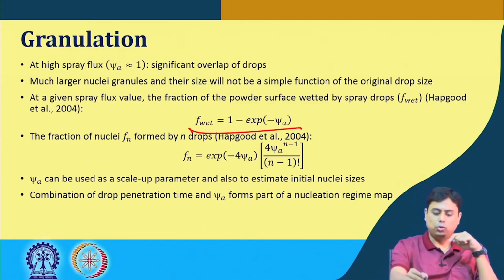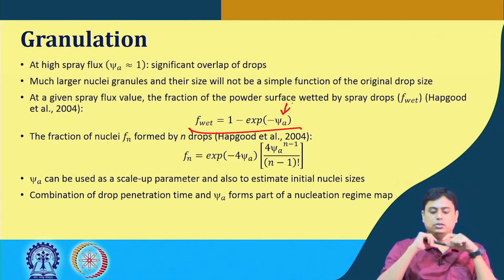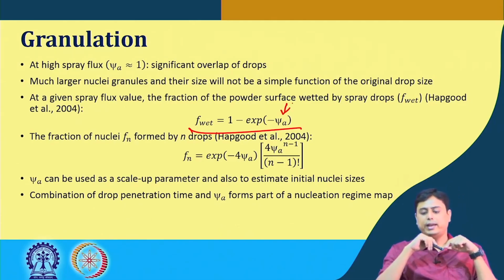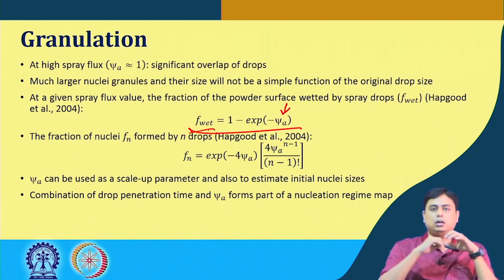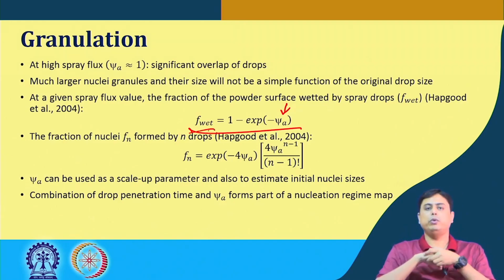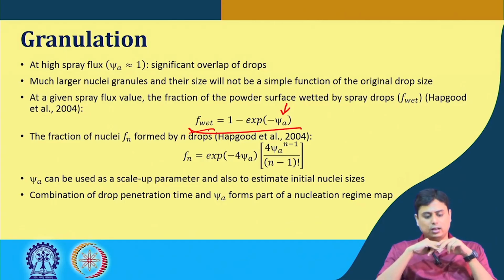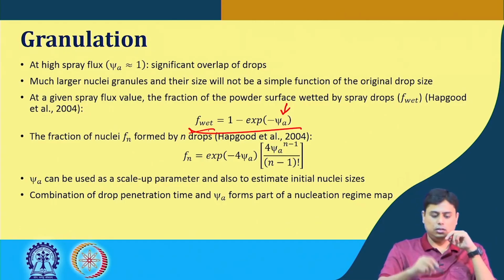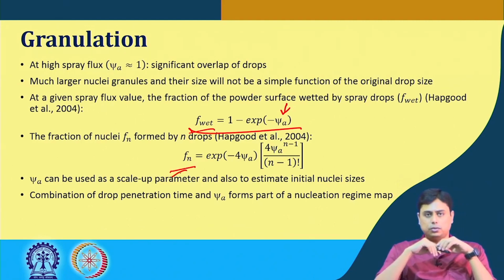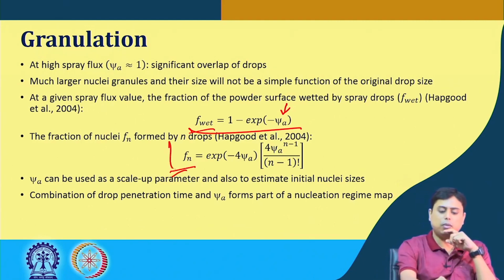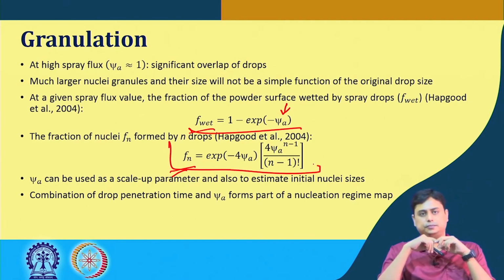So, if this is known, the flask rate is known, we can estimate the fraction of this powder surface that would be wetted, and the fraction of nuclei, the number formed by n number of drops, can be estimated by this expression.